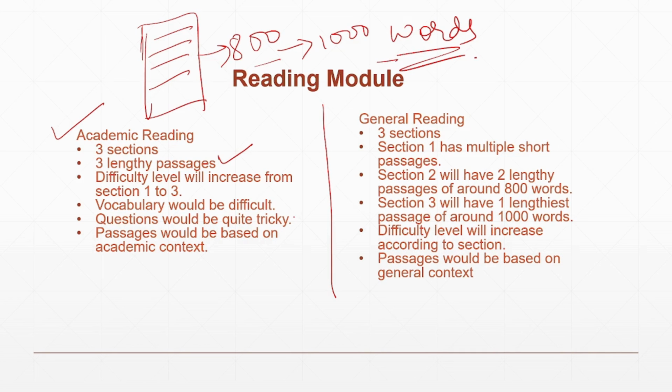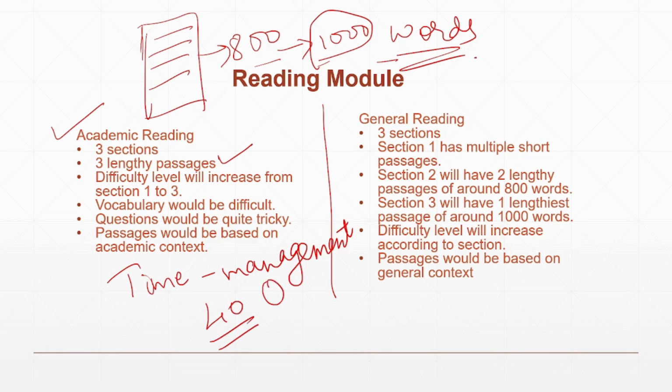Also the questions could be very tricky, and many students feel that section 3 is really very difficult. The most important thing which students lack is time management in this section, because as you see, there are 40 questions overall, where you get only 60 minutes and you have to answer all the 40 questions.